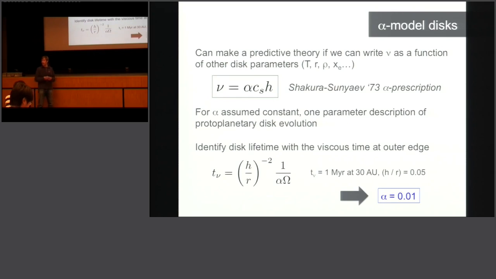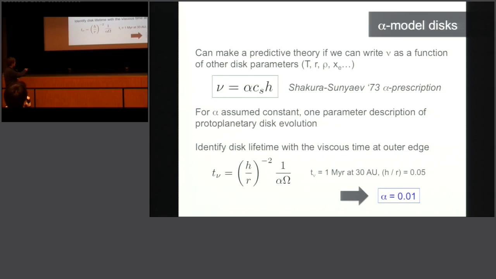So a large number of things you might be interested in observationally can then be pinned to one parameter, and you might hope to try to constrain that parameter from a range of observations and ask whether those constraints are consistent.